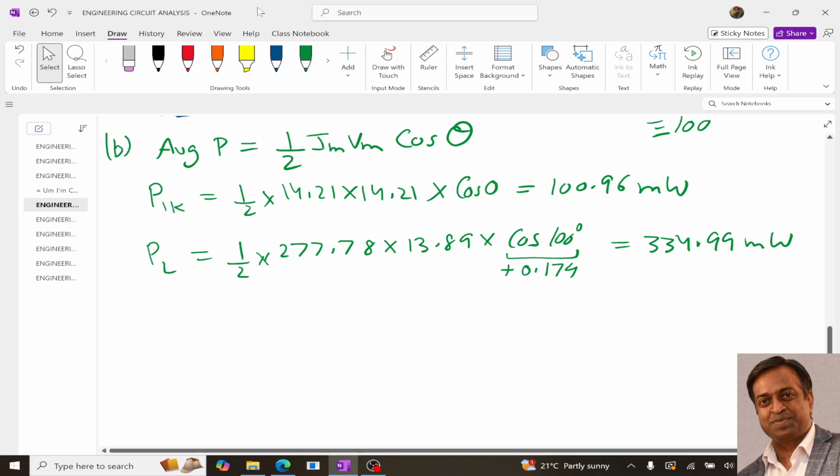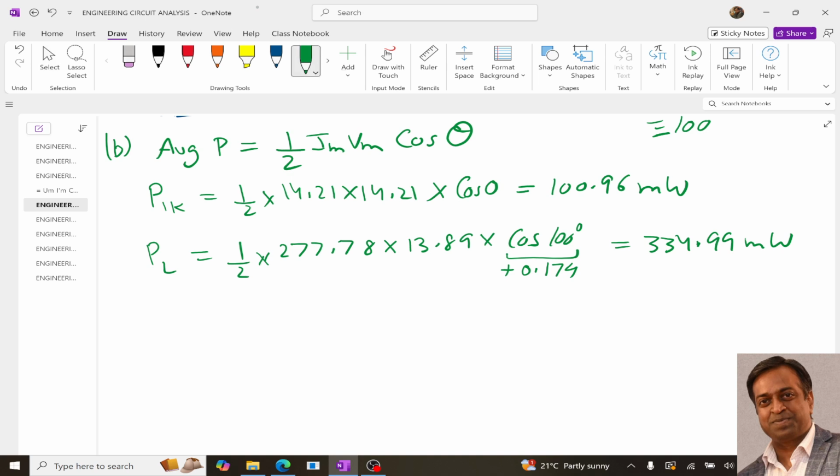So let me check it once again. 278 into 13.89 divided by 2 into 0.174. Yes, so it is something like this. So this is the average power for the 1 kilo ohm shunt and the load.